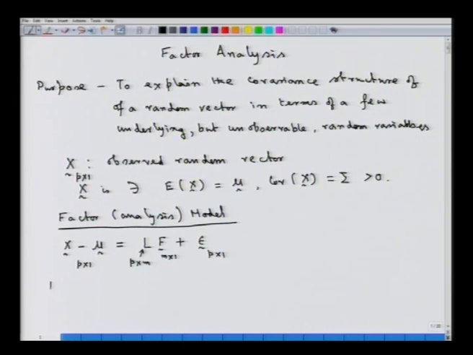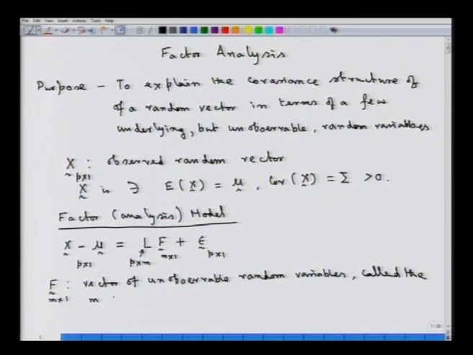Here F is the vector of unobservable random variables called the m common factors. This is an m by 1 vector.